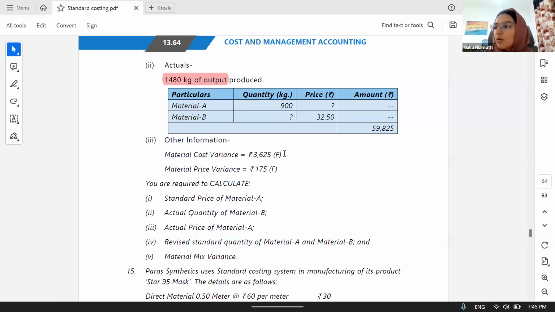Please tell me in the chat box. Okay, perfect. Khatija said SQSP minus AQAP, material cost variance. Great job. Need to say standard and actual. Perfect. So that is SQSP minus AQAP. I'm glad everybody remembers.